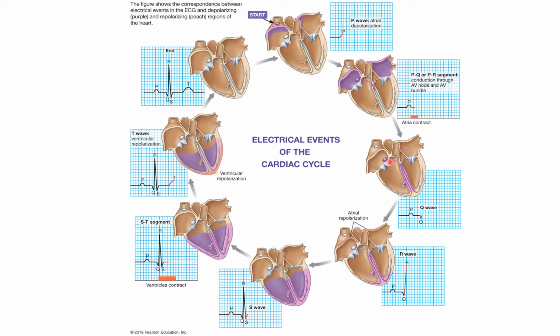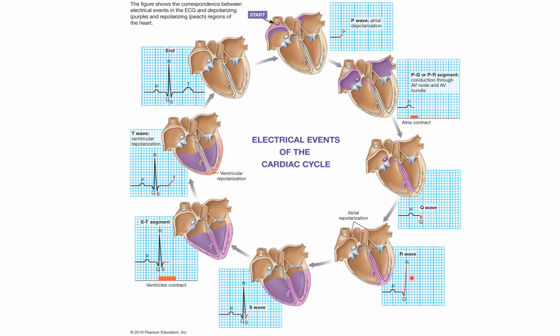The reason we have that AV node delay is because we want to give time for your atria chambers to contract and push the blood into the ventricles. Following that delay, the electrical message is going to start moving down the AV bundle and into the Purkinje fibers.